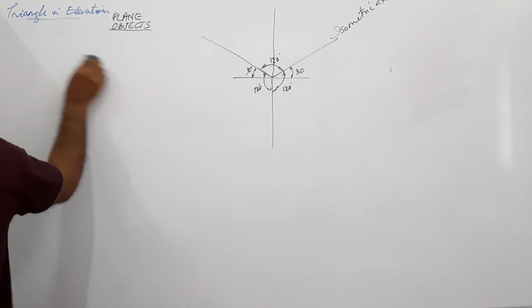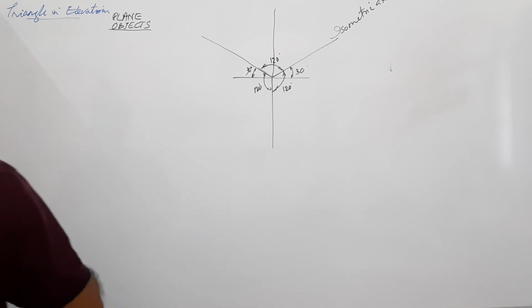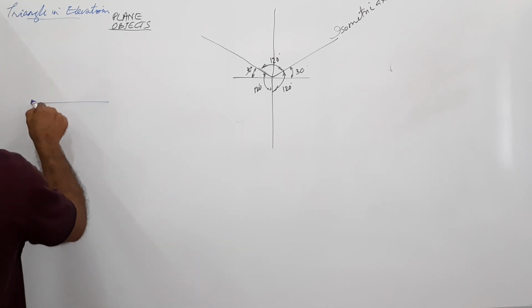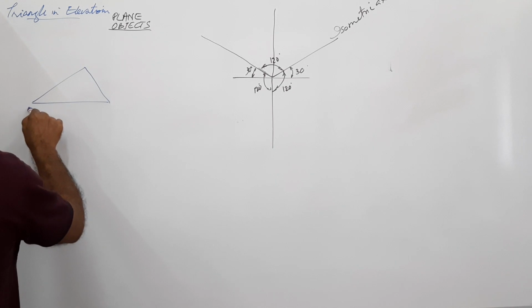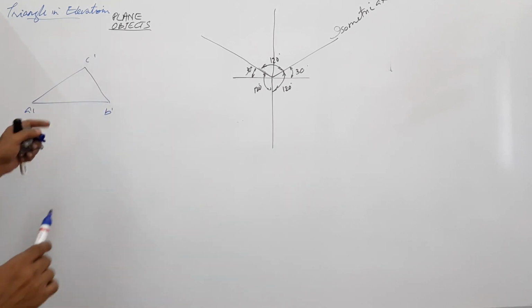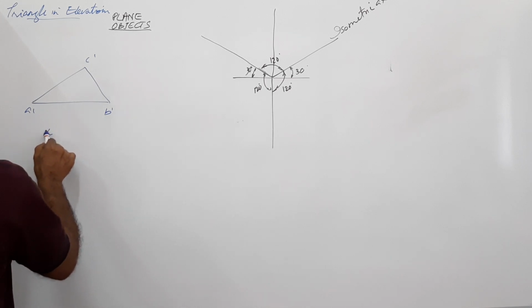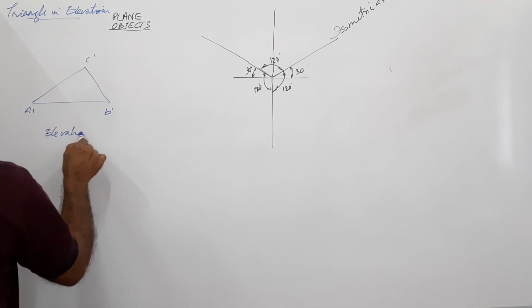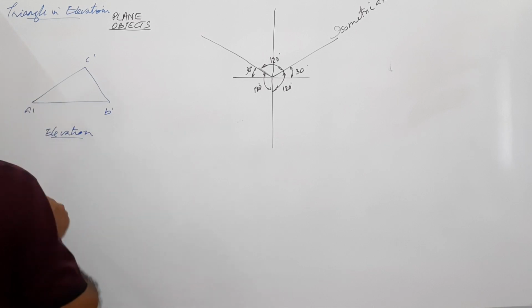Let's draw some triangle. I draw this triangle, some distance, any distance, no problem. A dash, B dash, C dash. What is A dash, B dash, C dash? A dash, B dash, C dash is a triangle seen in elevation.